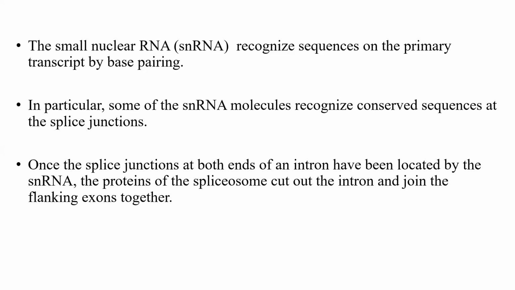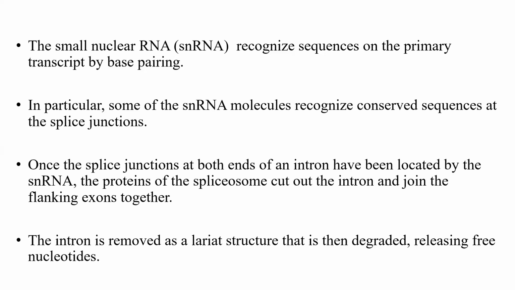Once the splice junctions at both ends of an intron have been located by the snRNA, the proteins along with the snRNA in the spliceosome complex cut out the intron from both ends and join the exons together. And what is the fate of the intron which has been cut and removed from the pre-mRNA? The intron is removed as a lariat structure that is degraded, releasing free nucleotides.